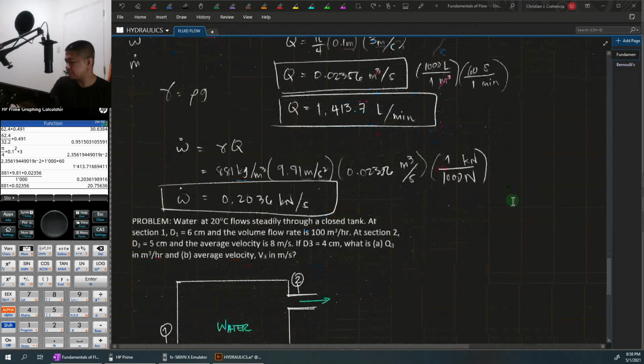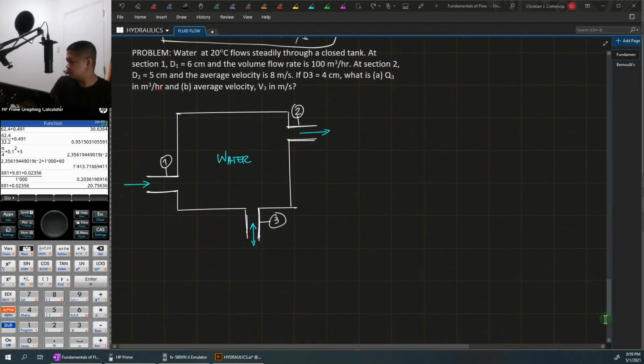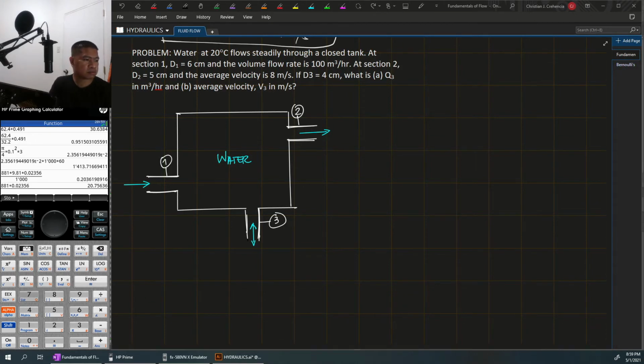Okay. So let's proceed dito sa next problem. So by the way, this problem is from Frank M. White. Fluid Mechanics by Frank M. White. So water at 20 degrees Celsius flows steadily through a closed tank.